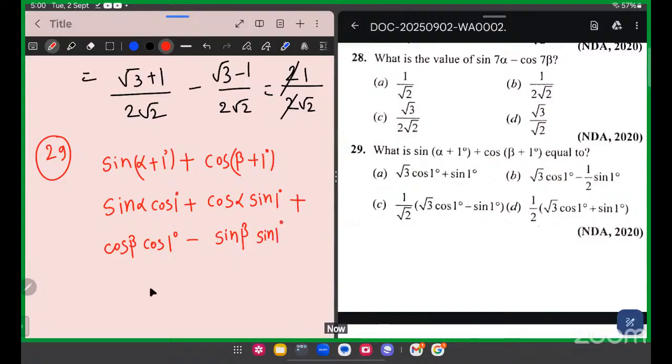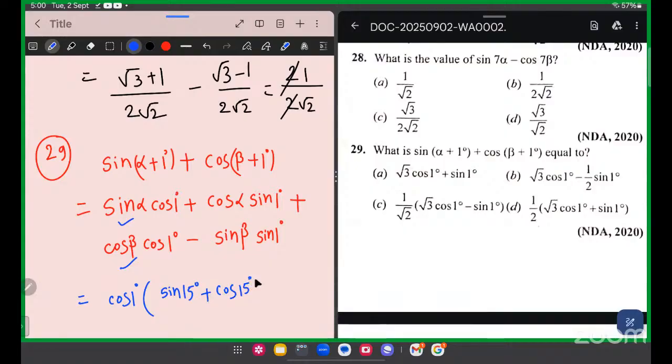Now from these two terms, I can take cos 1 common. So we have got sine alpha plus cos beta, which is sine 15 plus cos 15.